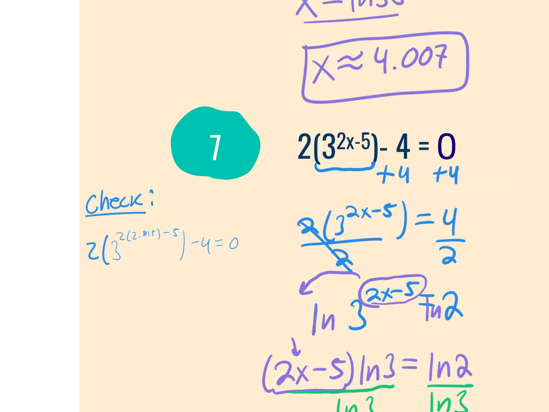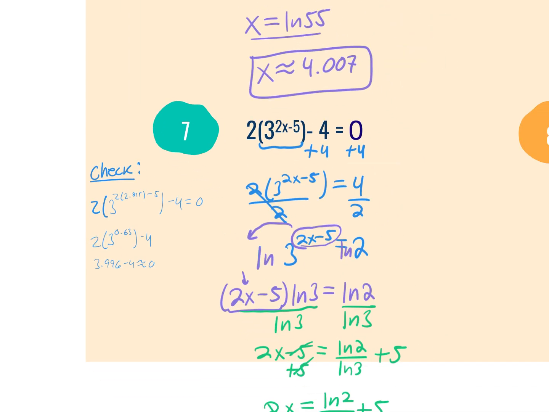When you plug in 2 times 2.815 into the calculator and then subtract 5, you should get approximately 2 times 3 to the 0.63 minus 4. And then when you do 3 to the power of 0.63 and then multiply it by 2, you should get 3.996 minus 4, which is really close to 0, right?